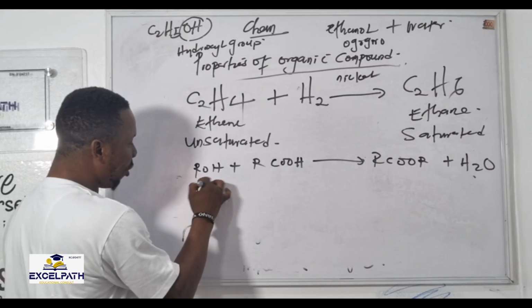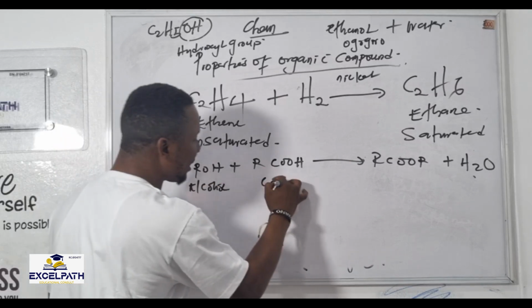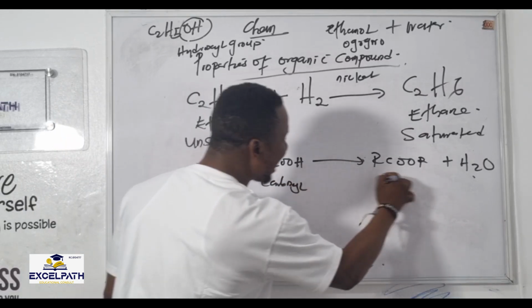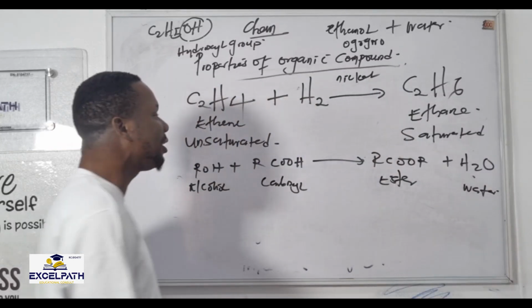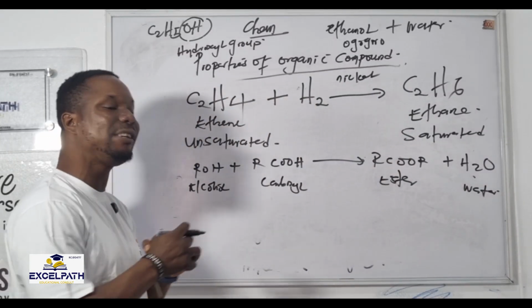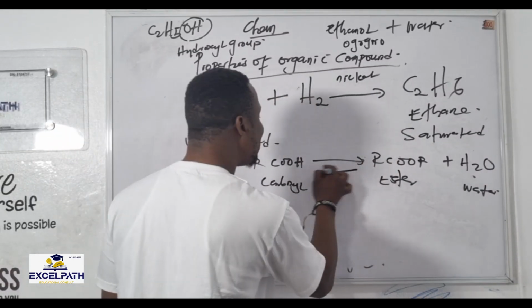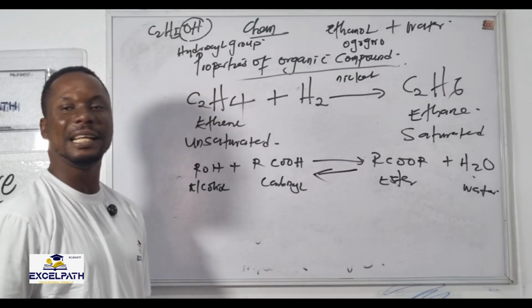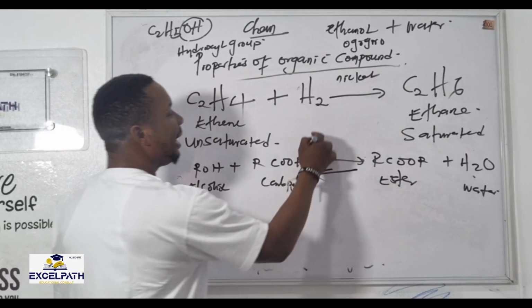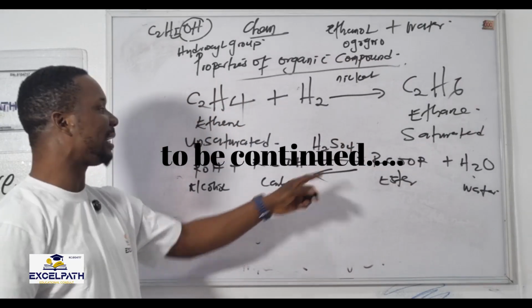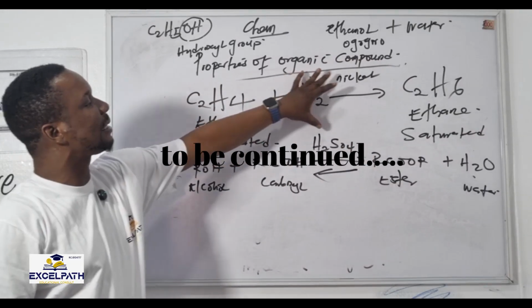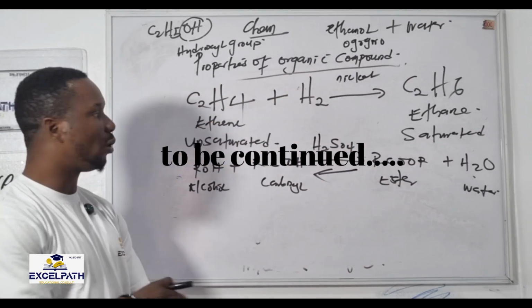It will be very slow except you put a catalyst in it. The catalyst we put in this is tetraoxosulfate(VI) acid, H2SO4, which you call sulfuric acid. If you don't put this catalyst, the reaction will be slow.